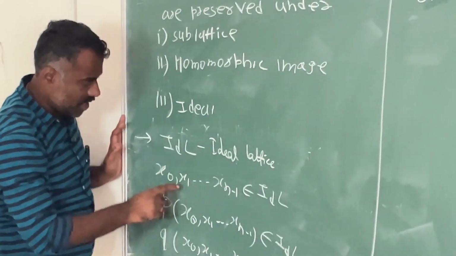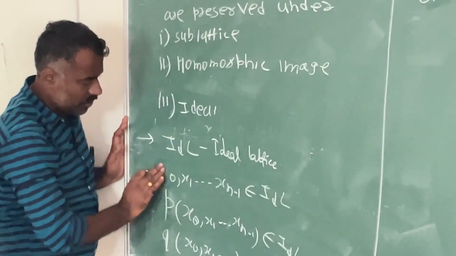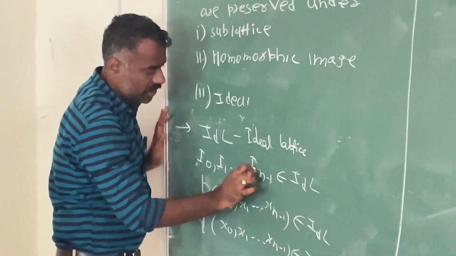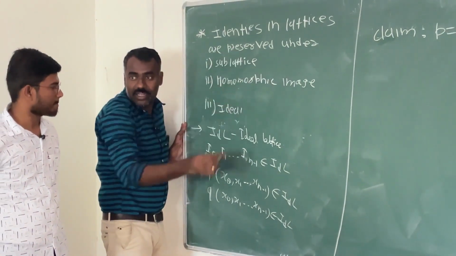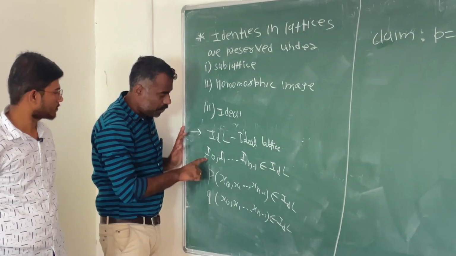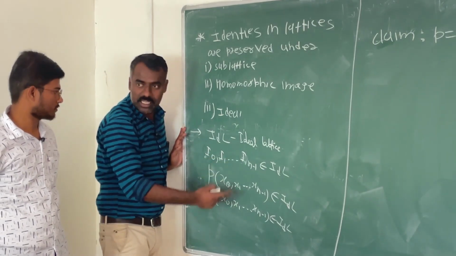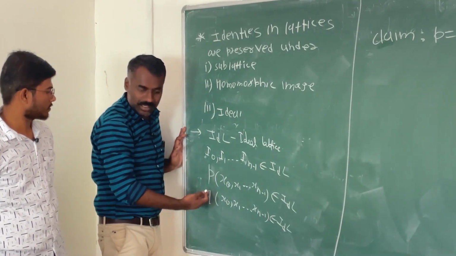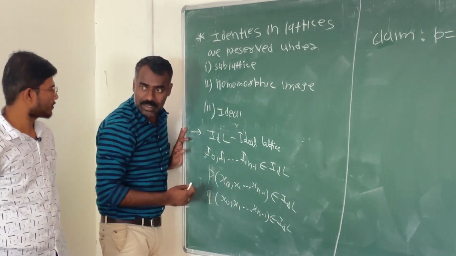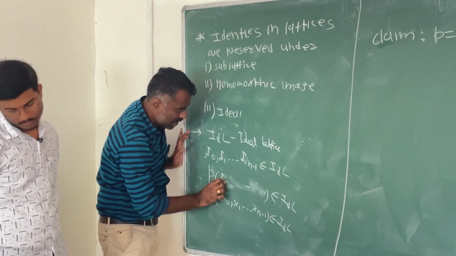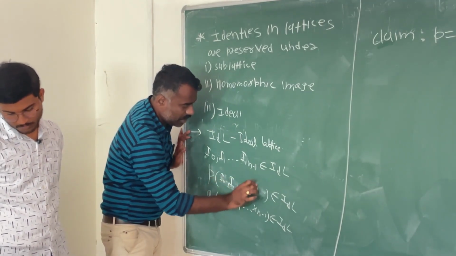So these are not variables. You take I0, I1 up to In, just like we took B0, B1 there. Now we want to show that P of I0 up to I n minus 1, whatever you get when you substitute, is the same as Q of I0 up to I n minus 1, and it is an ideal.